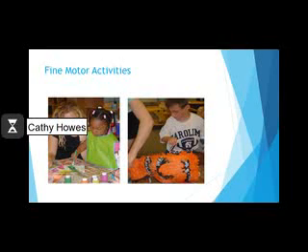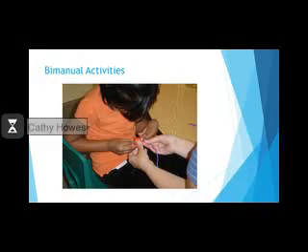Children will work on various fine motor tasks with no limit to your creativity to help children achieve the goal. Bimanual play and functional tasks will be emphasized when the child is out of their cast.